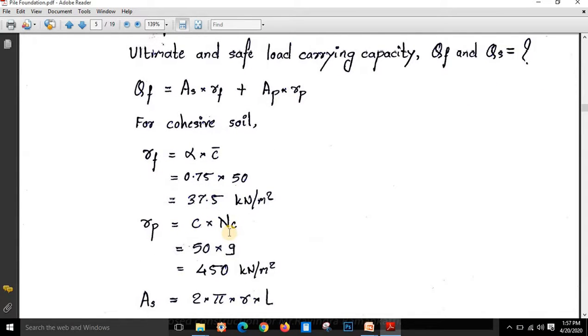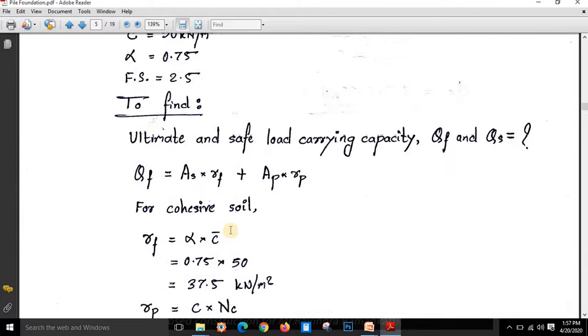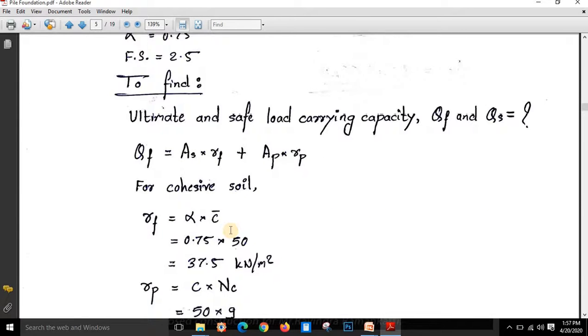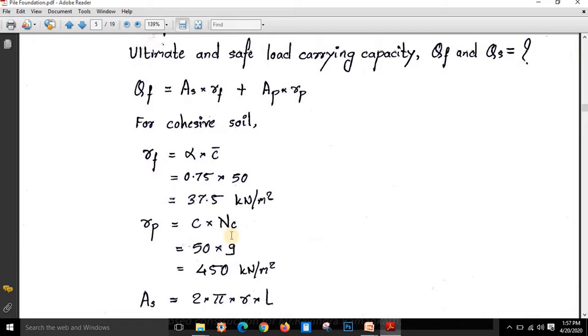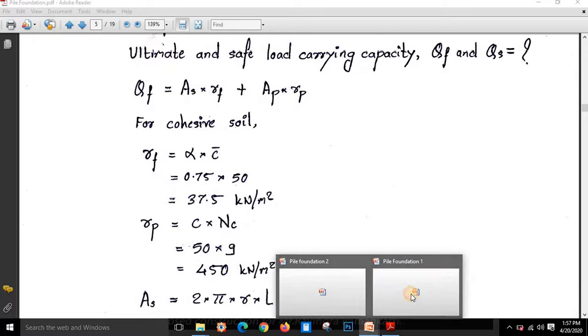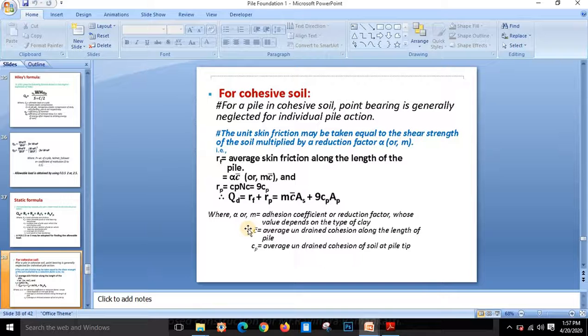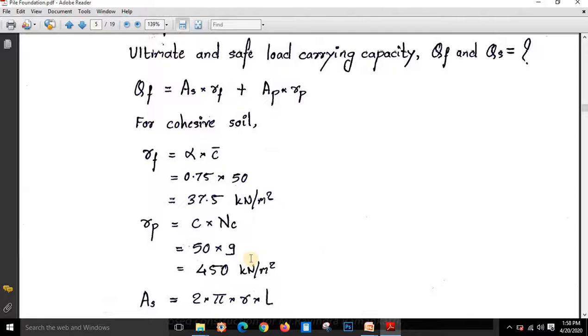RP is equal to C into NC. So C they have given, NC also they have given. NC value will always be equal to 9. So 9CP. Our formula says it as 9CP. You can see here in this formula, they have directly taken the value of NC as 9.